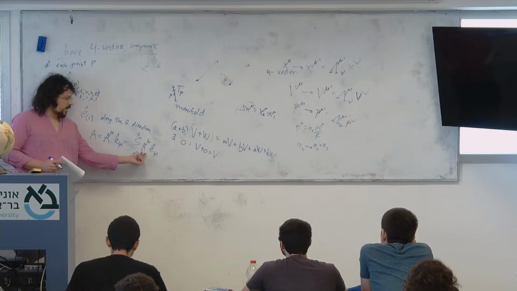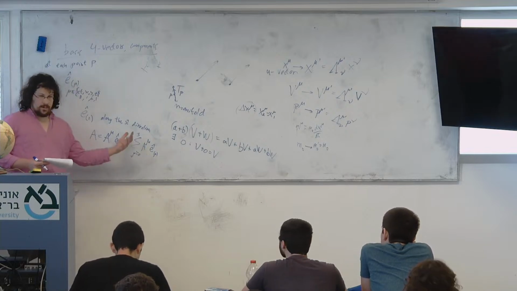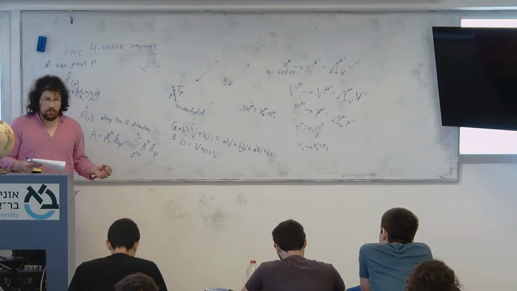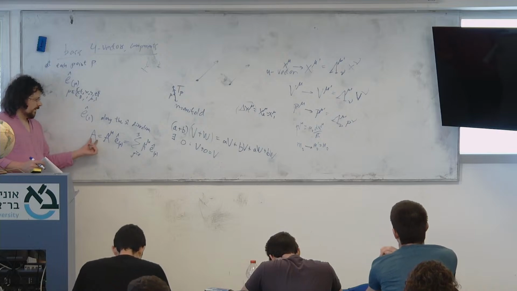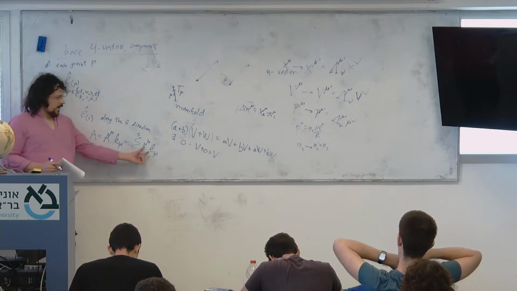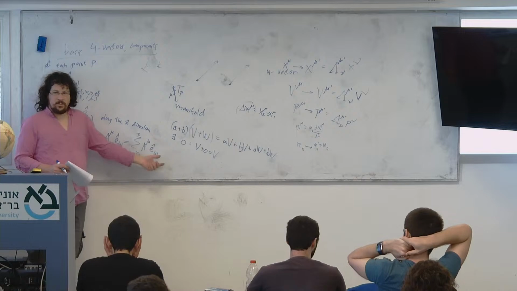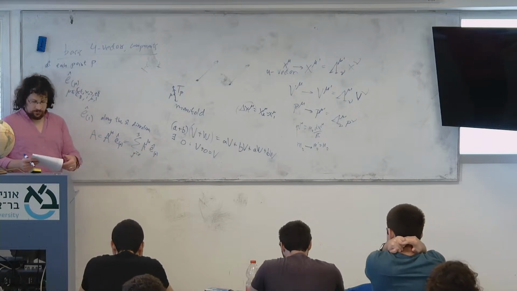Now you can think of these A^mu as kind of coordinates or components. So I'm building a vector as a sum of 4 other vectors with some coordinates.